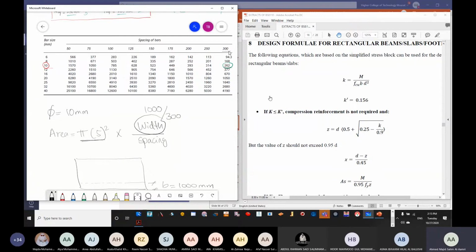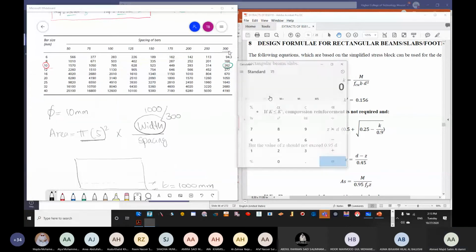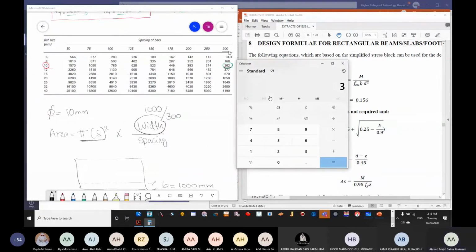Now, if we go to the calculator, pi is 3.14 multiplied by 5 multiplied by 5. That's 5 square. So this is the area of 1 bar of 10 mm diameter. How to confirm?